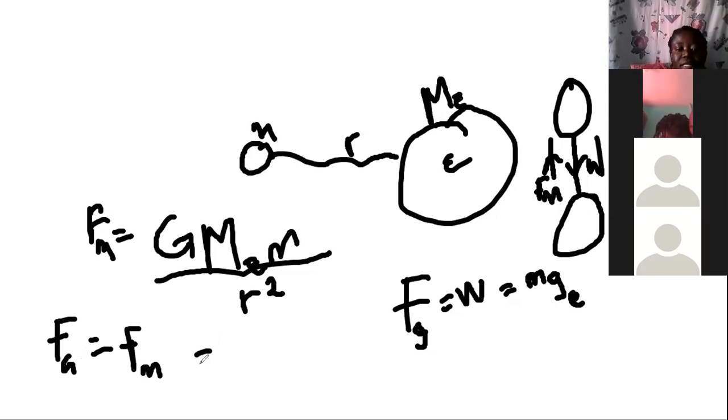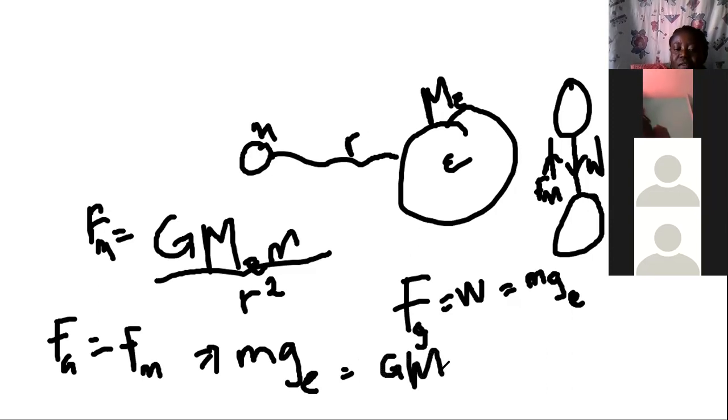So if these two forces are equal, just in opposite directions, then we can equate the two equations. The mass times g equals the gravitational constant times the mass of the Earth times the small mass, the mass of the particle, divided by r squared.